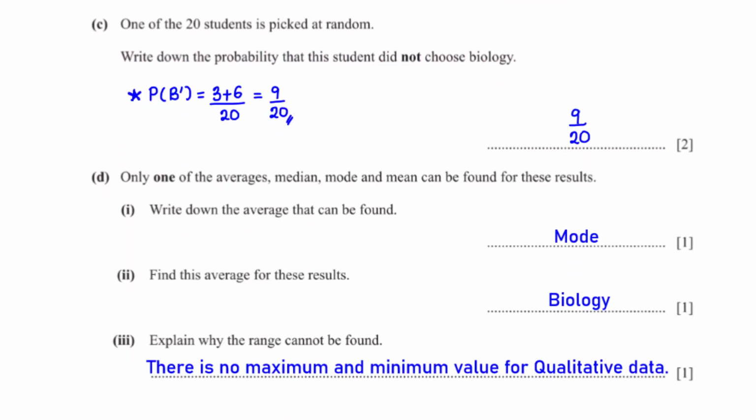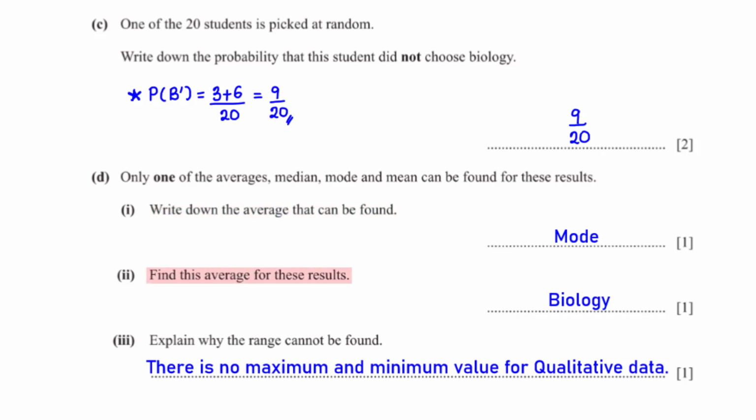Only one of the averages, median, mode, and mean can be found for these results. Write down the average that can be found. Bar charts are used to represent qualitative data, as in this case. For qualitative data, the only meaningful average that can be found is the mode.